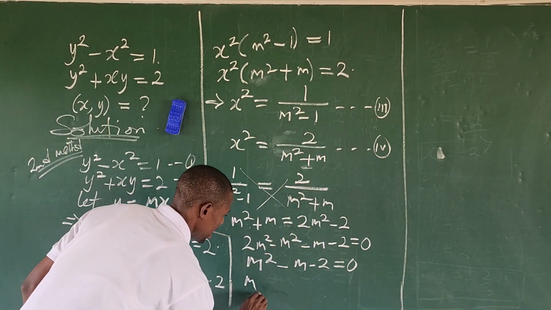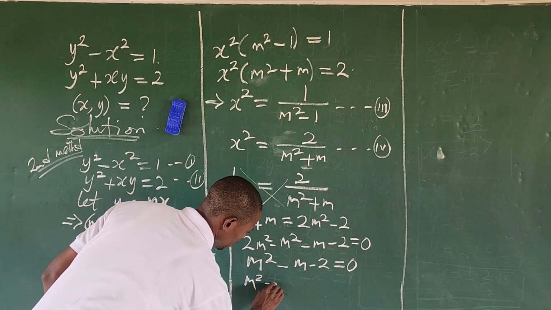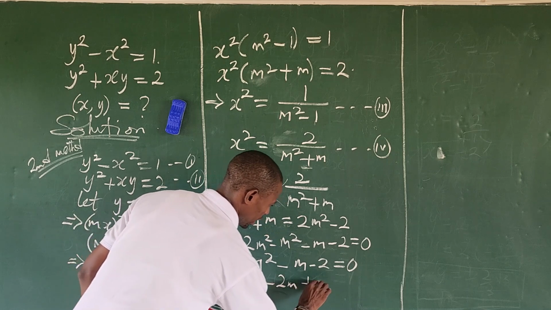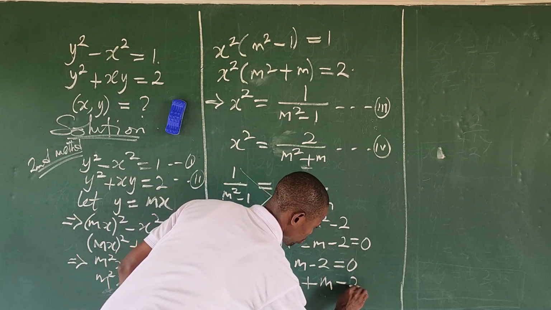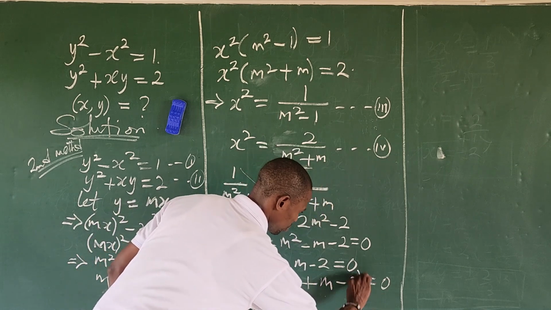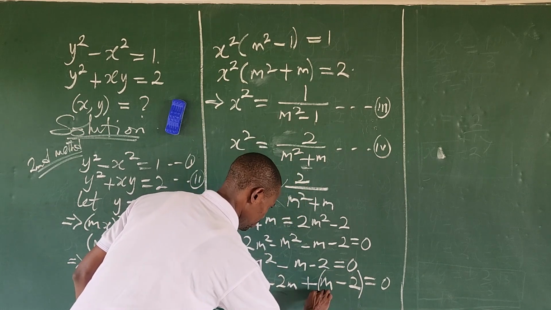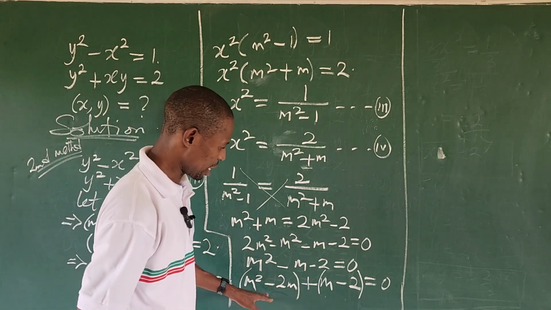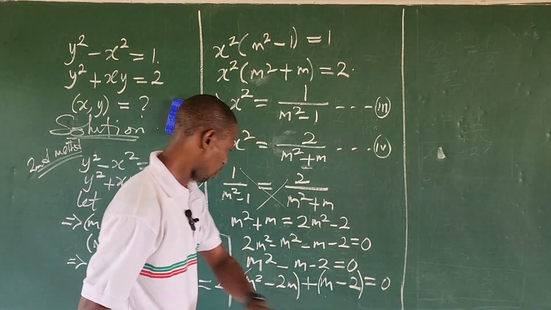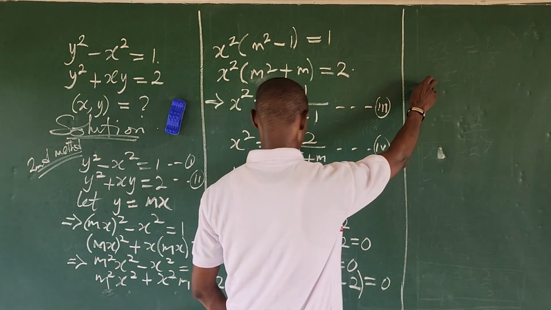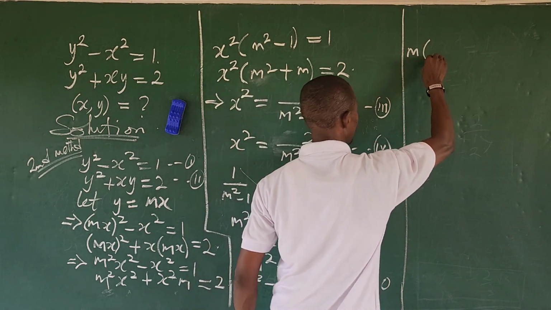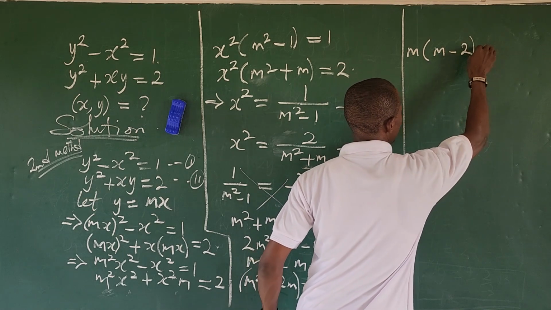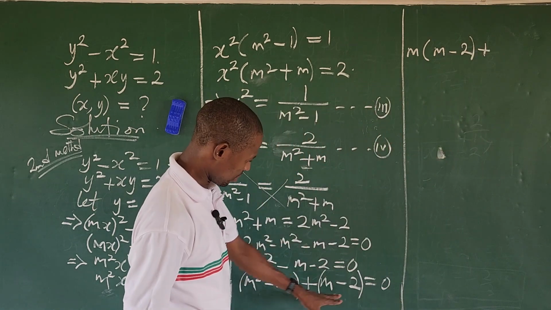So we're going to have here m squared, then minus 2m plus m minus 2 equal to 0. So we can put this in bracket, and this in bracket. What is common here? Here we have m, and here we have what? 1. So if we do that, we're going to have m into m minus 2, bracket, plus, what is common here?